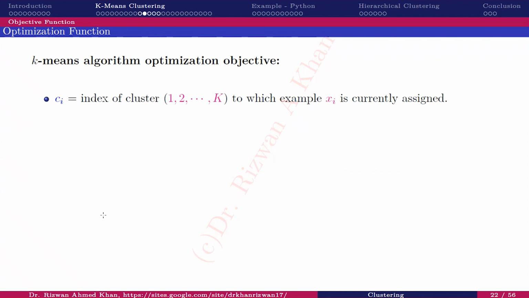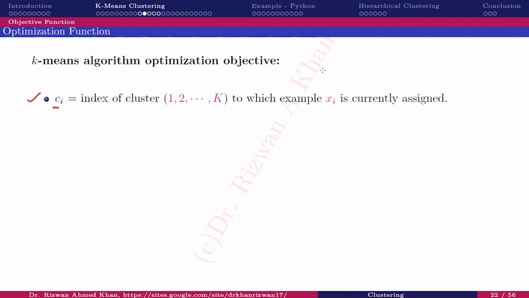Before writing the cost function, I will introduce a few variables, and those variables will be used in the cost function. The first, which we have already seen, is Ci. This is the cluster assignment step. During cluster assignment, we use this variable Ci, and Ci is the index of the cluster to which example xi is currently assigned.